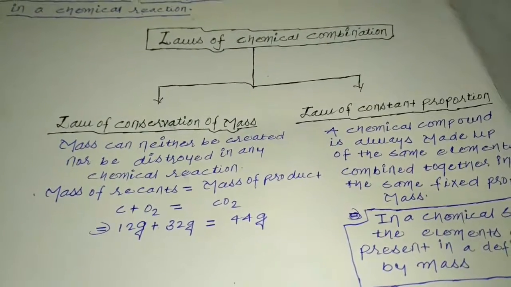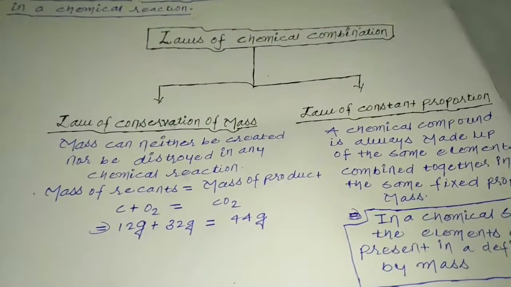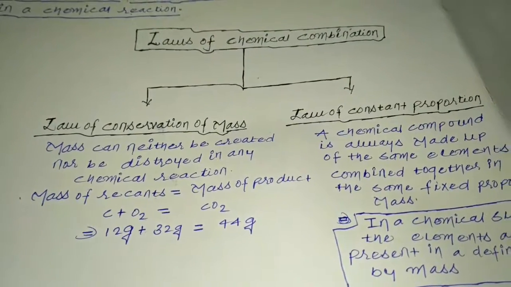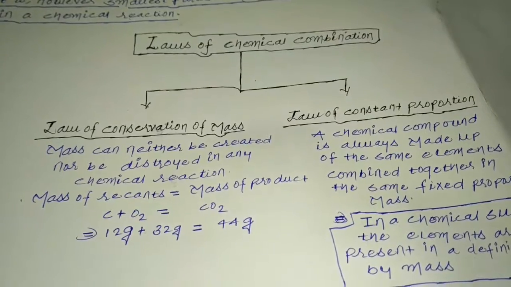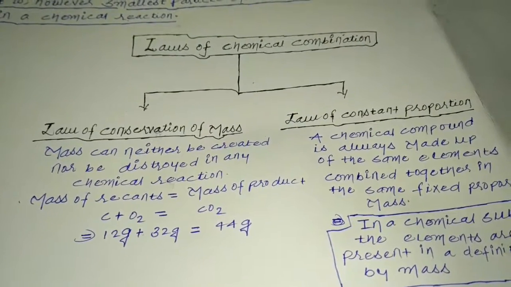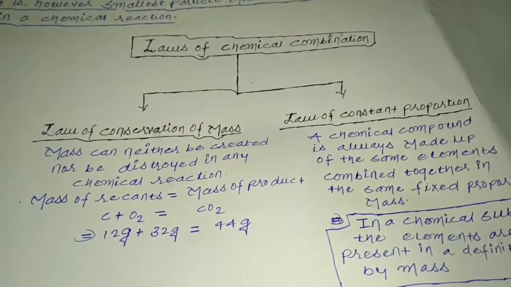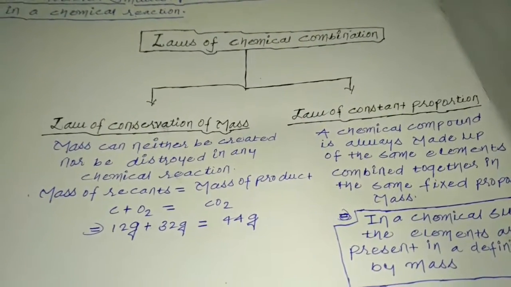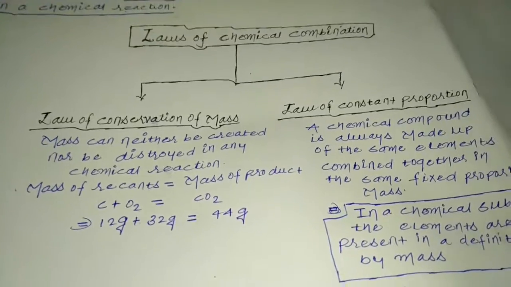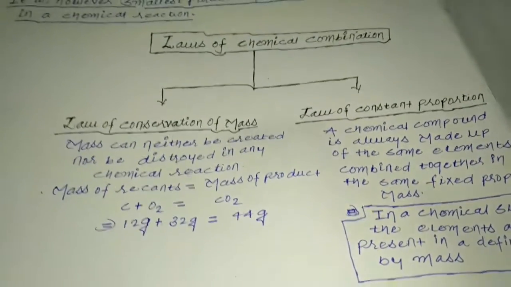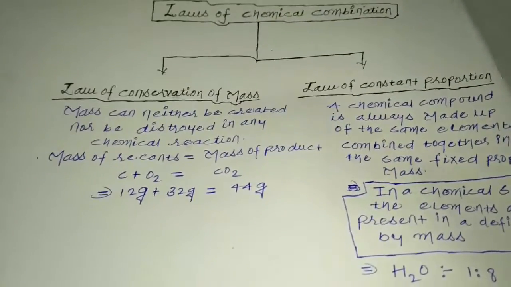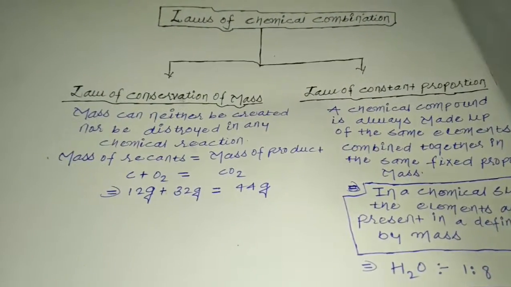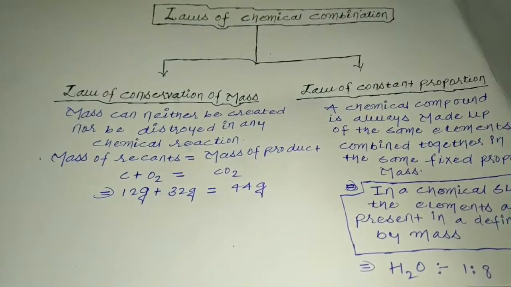When 12 gram of C plus 32 gram of O2 is added, we get 44 gram of CO2 as a product. Here 12 gram plus 32 gram is your reactants, and the 44 gram of CO2 is your product. So this is the example of the law of conservation of mass, and I hope you have got it.